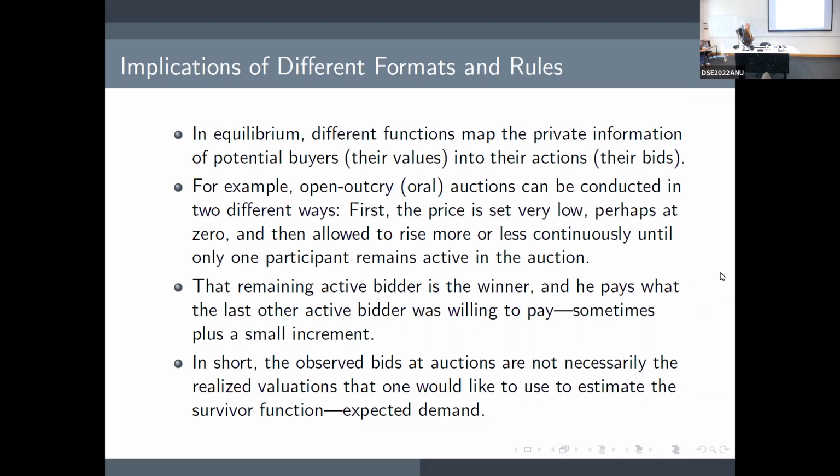The next is you have to have some sort of objective, because the hypothesis of optimization is going to give rise to some sort of behavior. In most of this literature, they focus on the expected payoff. So the valuation minus what you bid, and then times something called your probability of winning. And so it's expected profit.